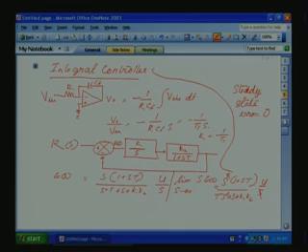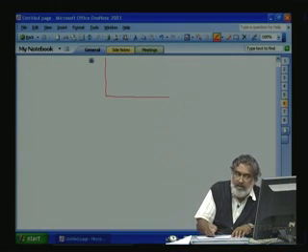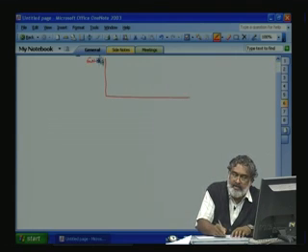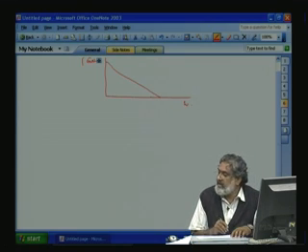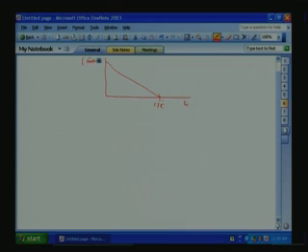So, what is the phase delay of this integrator? If you draw the gain versus frequency plot of the integral controller, gain versus omega will be something like this, okay. This will be 0 at 1 by T1, the integral time constant, and it will go with minus 20 dB per decade.